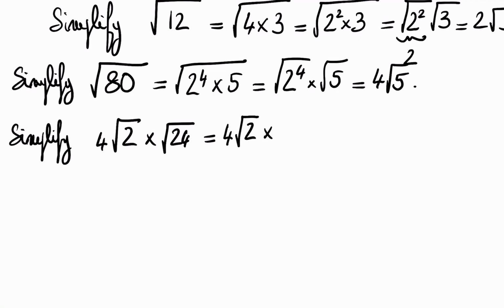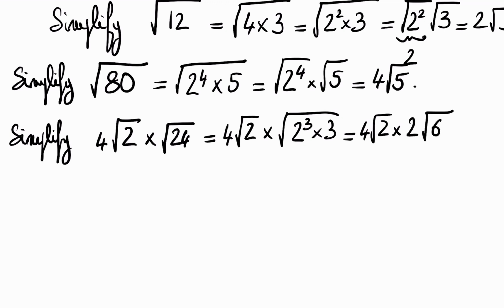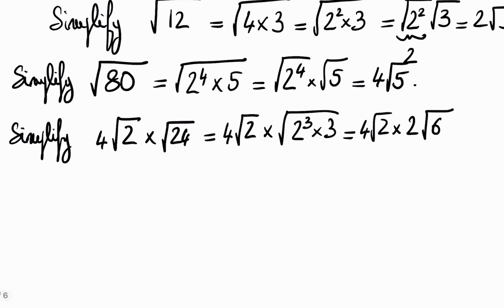Root of 24 is root of 2 power 3 times 3, which is 2 root 6. So it's 4 root 2 times 2 root 6, so 4 times 2 times root 12, which is 8 times root 12.